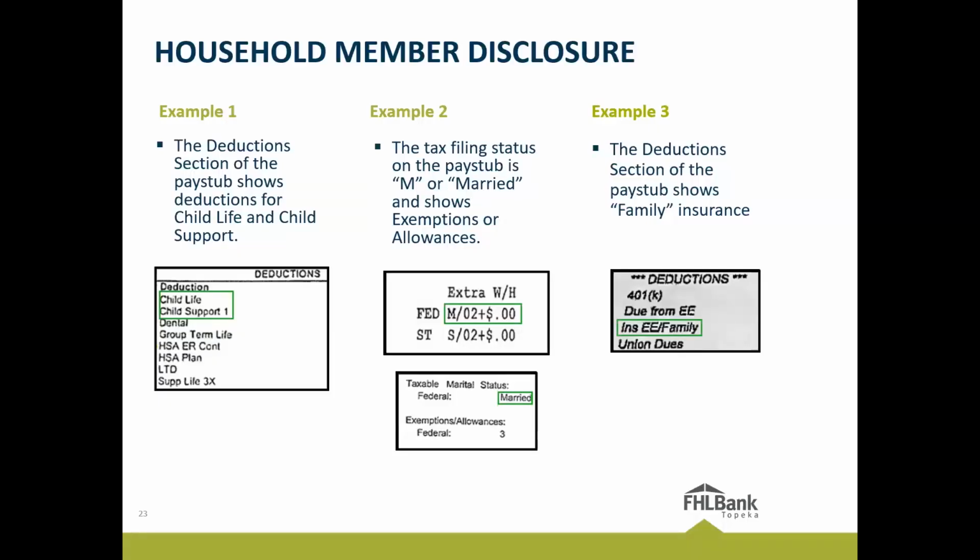Again, it is the authorized user's responsibility to interview the household, ask them who will be living in the house, and get all the income for the household. The household doesn't know what you need for the reservation, and so it's important that you ask all the right questions because they're not going to know what to tell you.